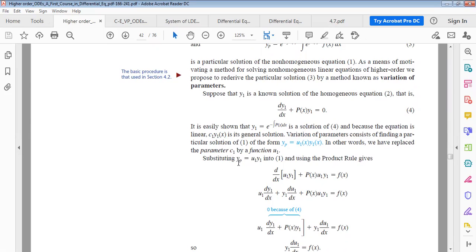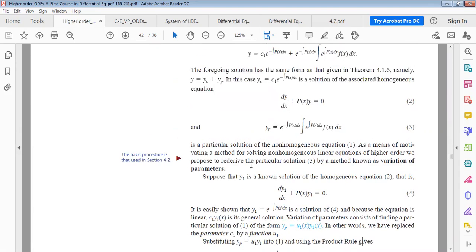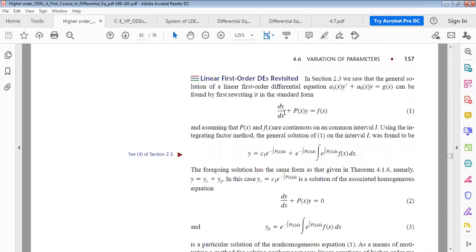Now substituting yp = u1 y1 in equation 1, we get this. This is the product rule: d/dx of u1 y1 plus p(x) u1 y1 equal to f(x). Just replacing y with u1 y1 in this differential equation, which is the first order linear inhomogeneous differential equation.